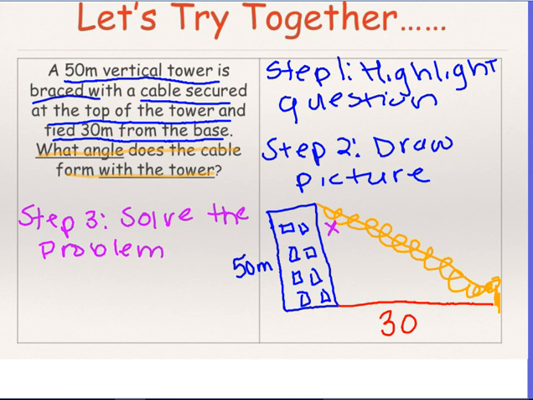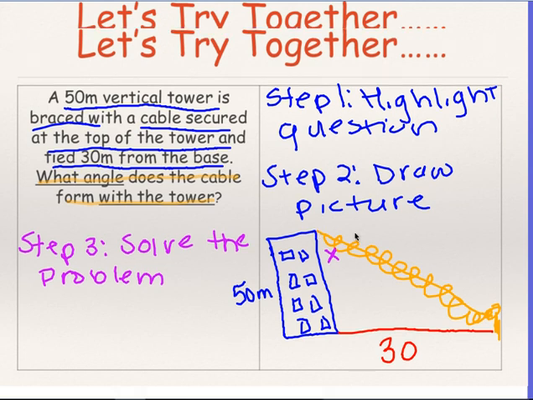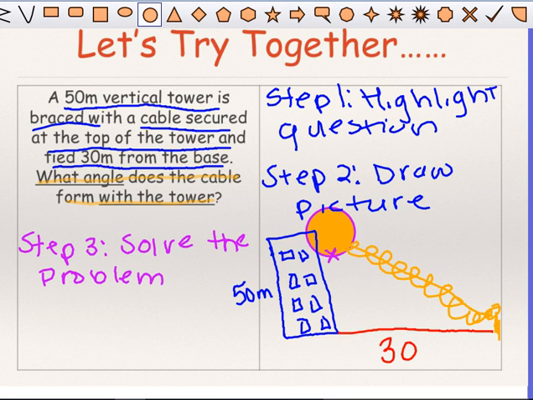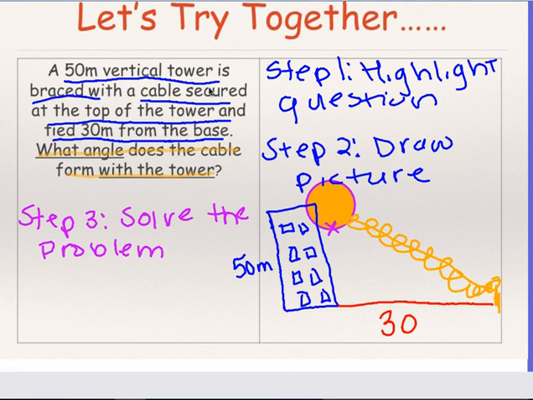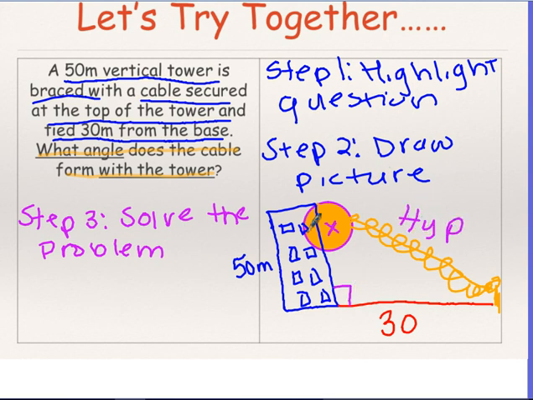So here, I'm going to use this angle and I'm going to label my sides based off of the angle that's up here. The side across from the right angle is the hypotenuse. The side that I'm touching is the adjacent, and the side that I can't touch is the opposite. So I'm going to look at what I have. Here I have the adjacent and the opposite.